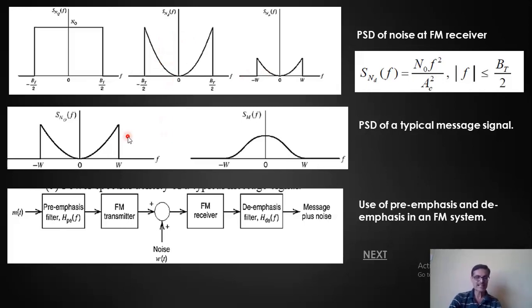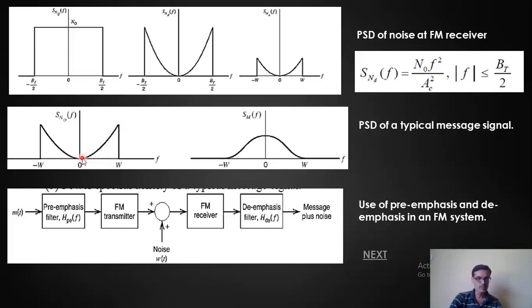Now just compare that with the message signal PSD, the power spectral density of the message signal, that is SM of f. This is the noise PSD at the output of the receiver. Actually we are expecting only the message component in the output, not the noise. Now look at the relationship between this and this over the frequency range 0 to W. As the frequency increases, the noise PSD also increases.